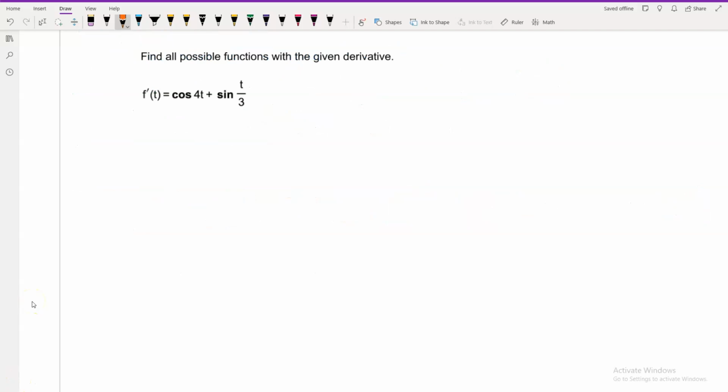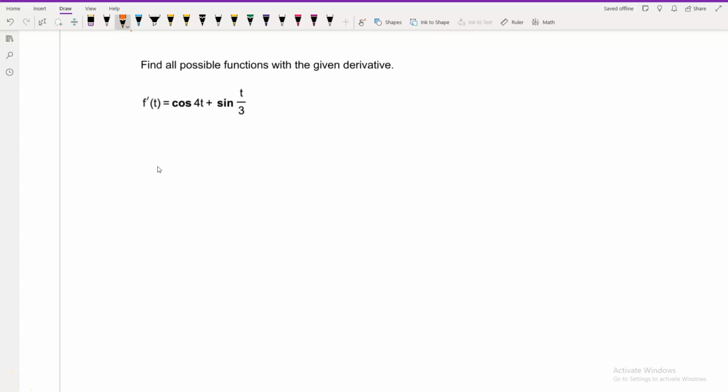Find all possible functions with a given derivative. f prime of t is equal to cosine 4t plus sine t divided by 3. So here on this part, we have to determine the functions that have the same derivatives as the terms of the sum.